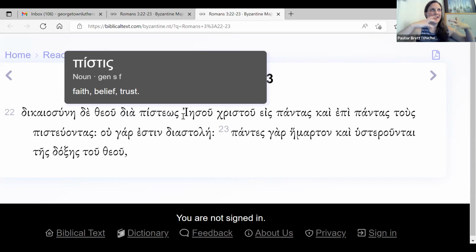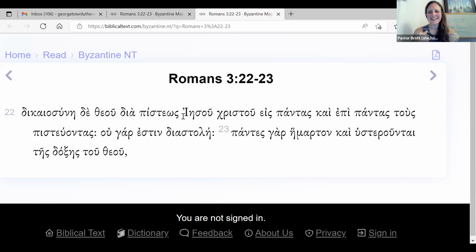The whole church is built on this: righteousness, which we don't need to unpack theologically, but righteousness of God through faith of Jesus. What does that mean, faith of Jesus? How do we translate that? It usually gets translated in English as faith in Jesus.